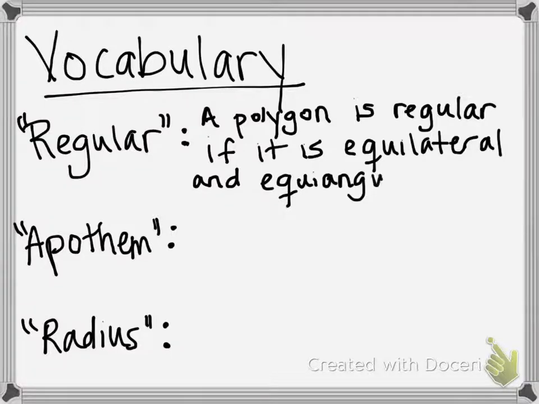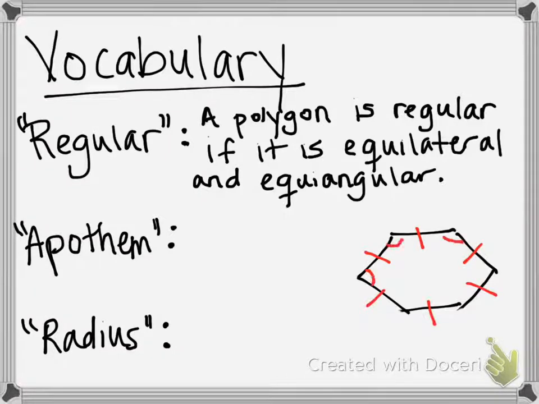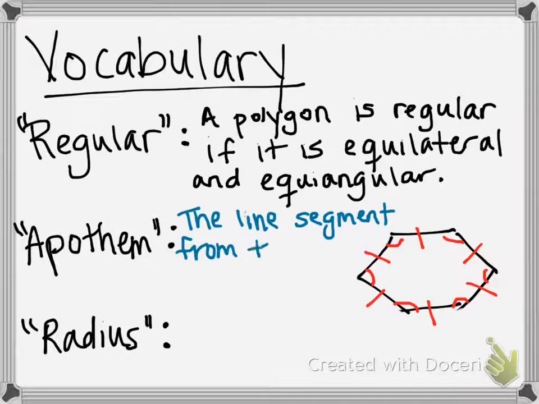So anyway, a regular polygon is a polygon that is equilateral and equiangular, meaning all the sides are the same and all the angles are the same. An apothem is the line segment that goes from the center of that polygon to the midpoint of one of its sides.